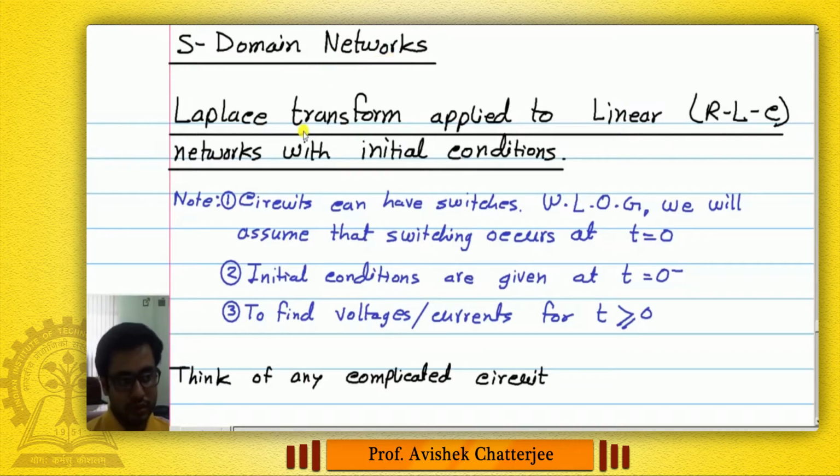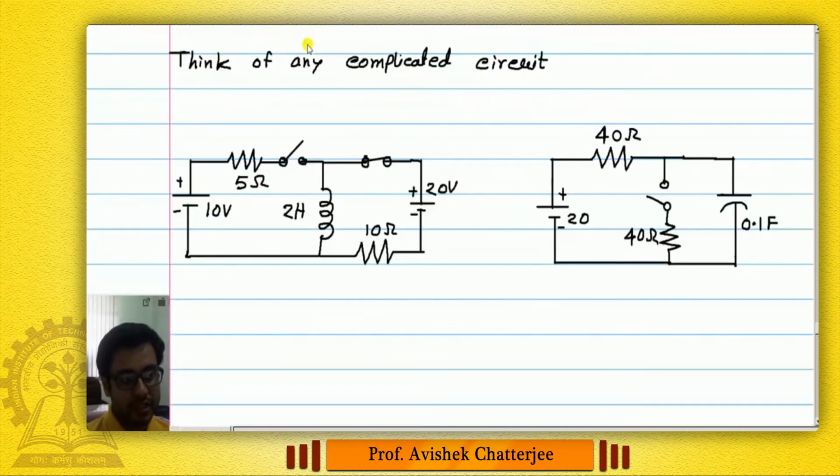Okay, so to begin with, think of any complicated circuit as complicated as you can. For example, like this or even more complicated, where you have R, L or C, many of them.